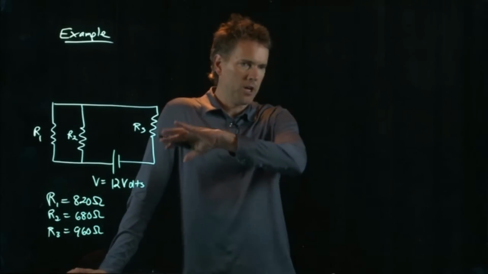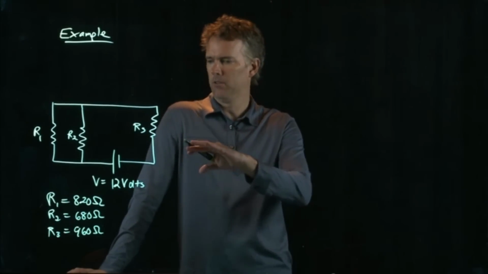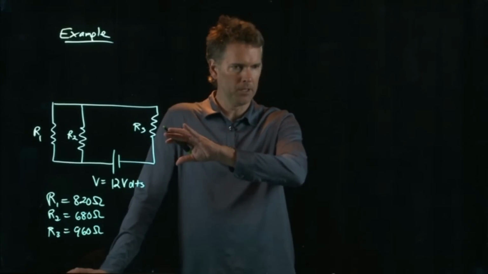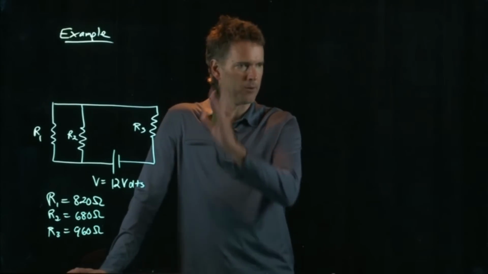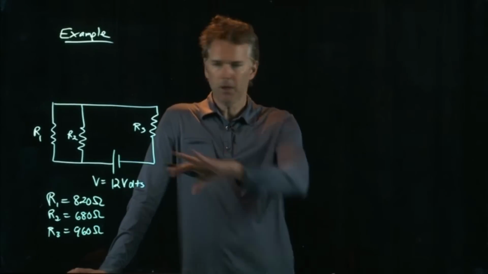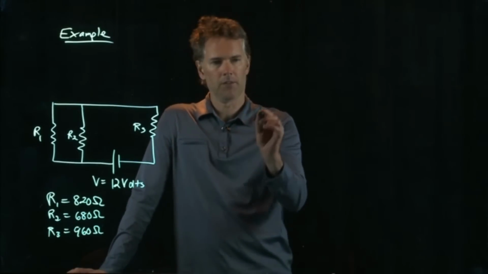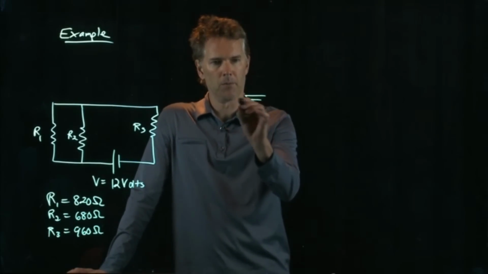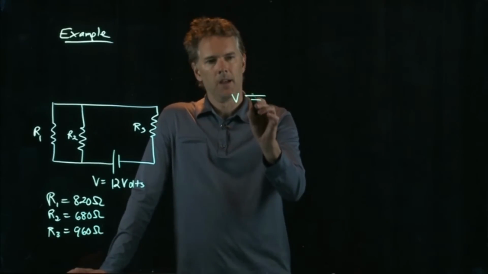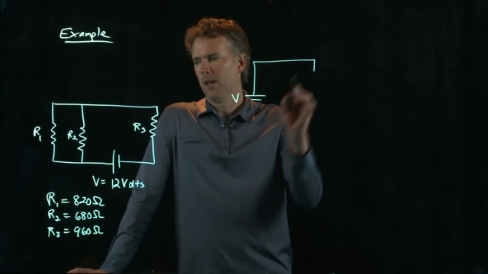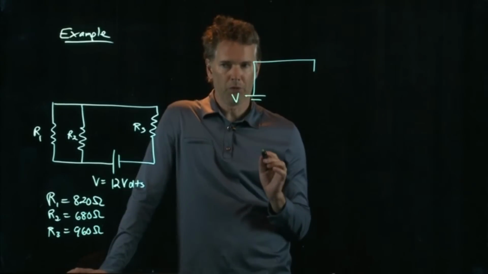Now, they draw it on the side just to play with your mind a little bit because we've always been drawing the batteries vertically. But we can just rotate this thing, right? So let's do that. Start with, we'll make the battery there. The wire goes up, and now it's going to go to two things.